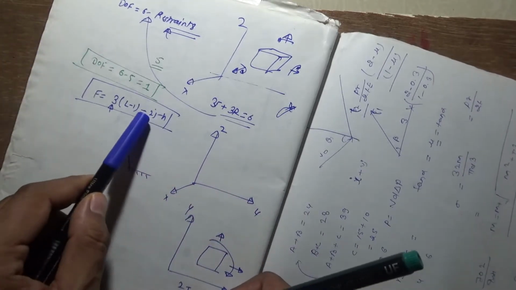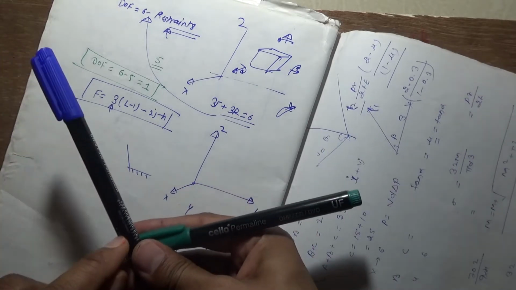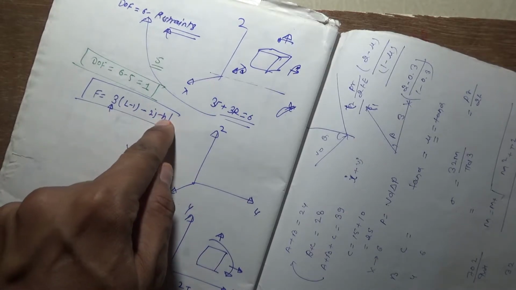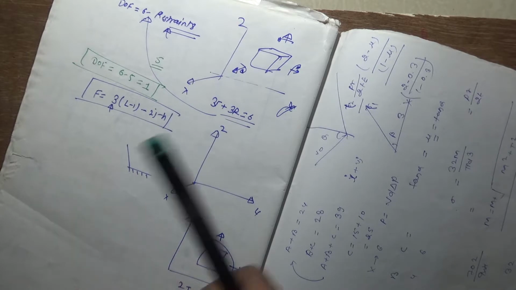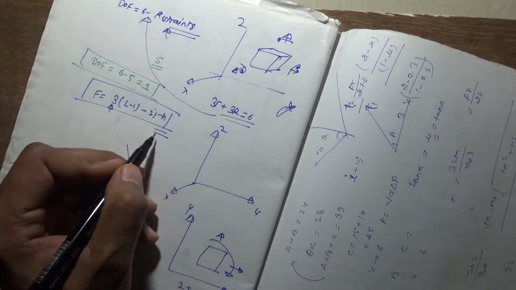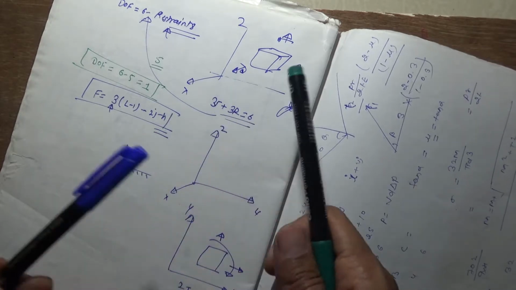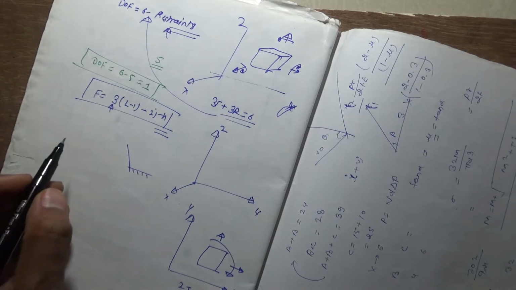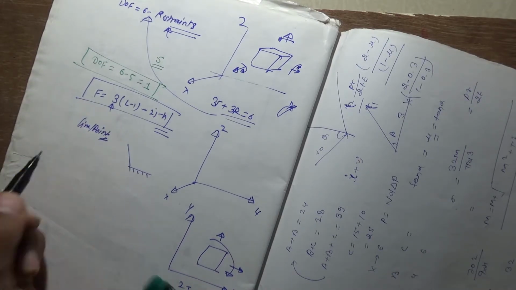So this is the number of links required to make a joint. So this is 2, and then the higher pair. What is the meaning of higher pair? You can watch the previous lecture, where I explained it. But the meaning of higher pair is line contact or point contact, then it is known as a higher pair.